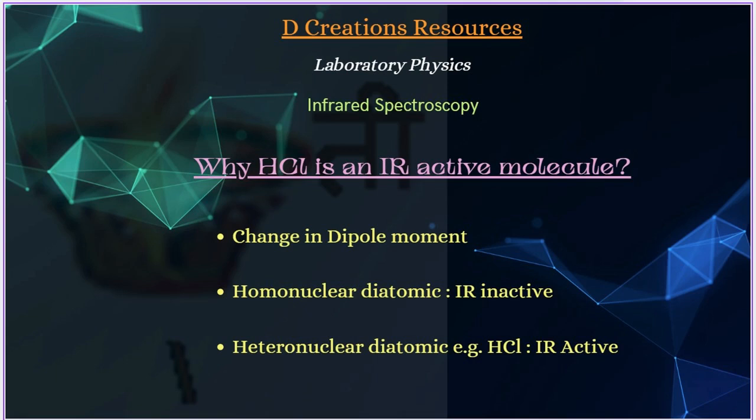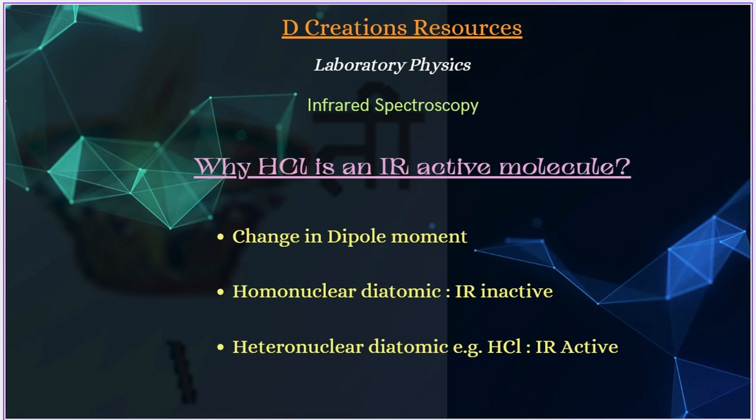They possess a dipole moment, and that's why both these molecules are IR active. Of course the dipole moment will change when the bond length changes, because it is proportional to the distance between the two charges. So that will change, but we are interested right now in the change in the dipole moment itself.